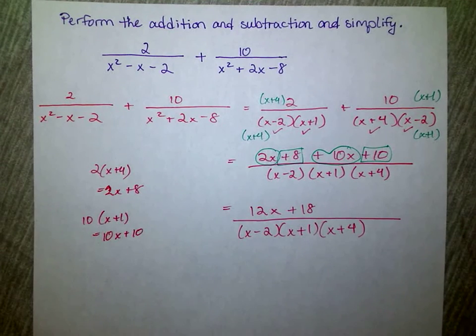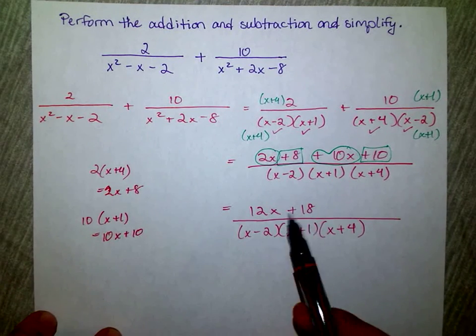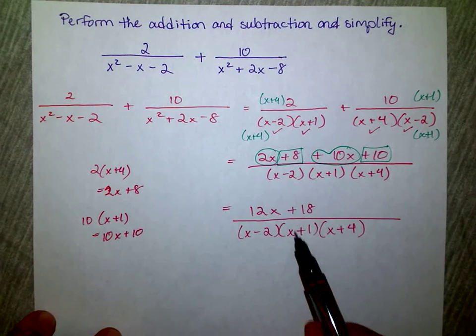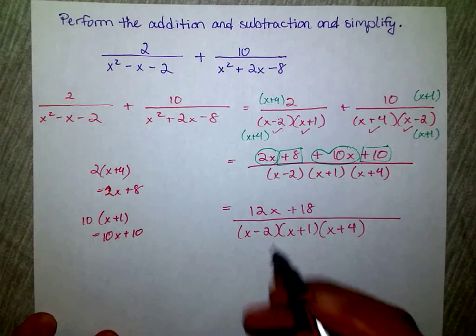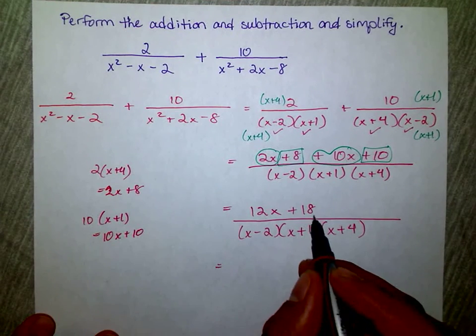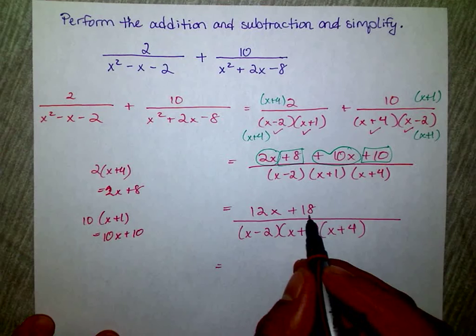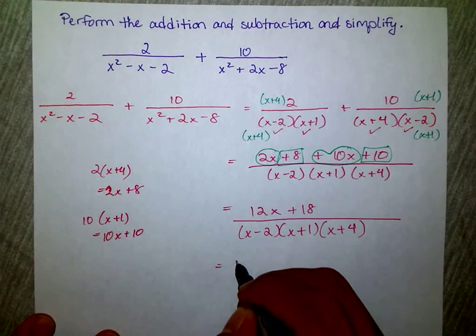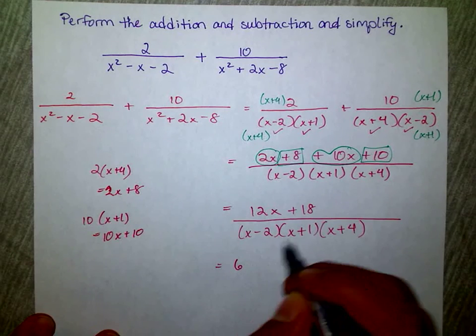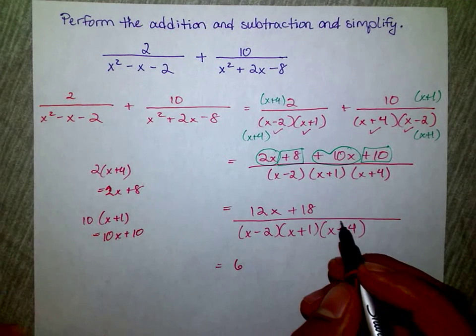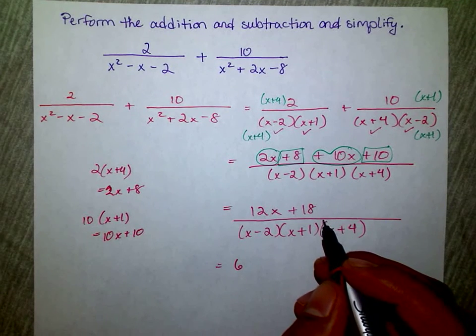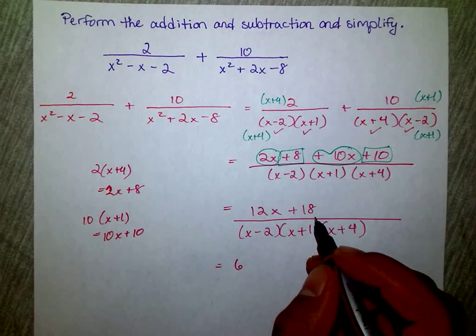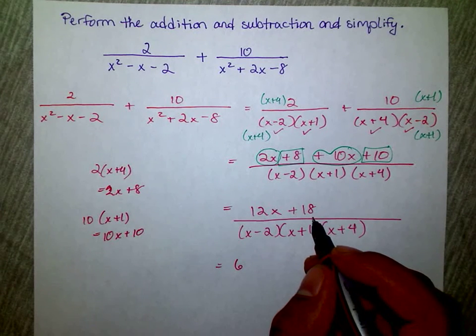Okay? Alright. So now the last thing here, let's go ahead and factor this to see if we have a common factor down here. Now I can factor a 6 out of both of those. So if I factor out a 6 here, is 6 the highest one? Let's see, 6.